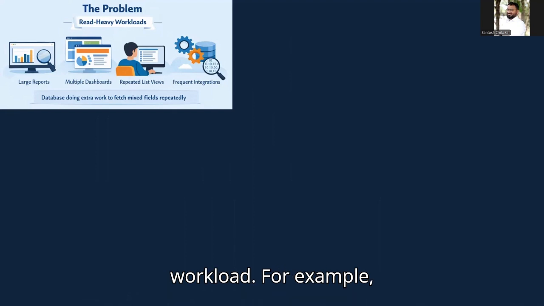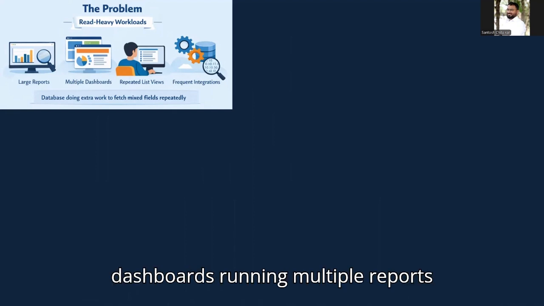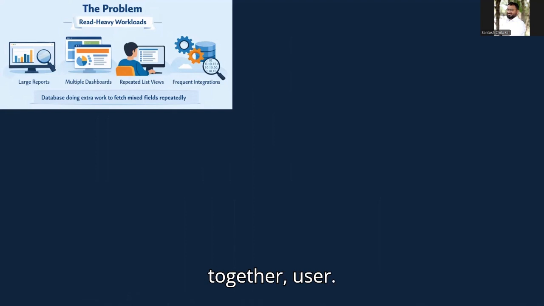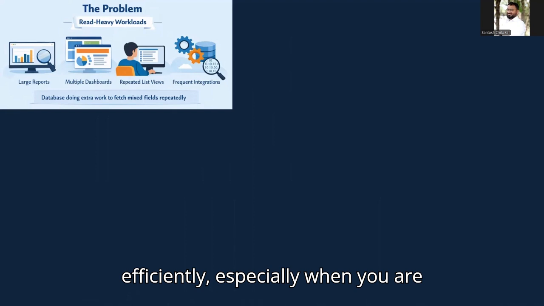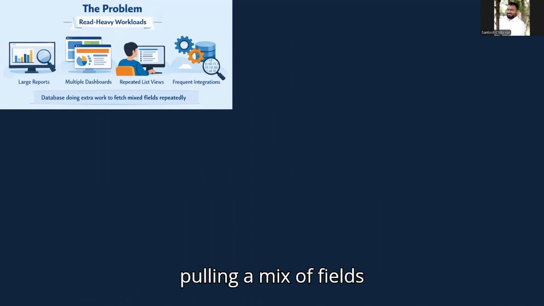For example, reports scanning a large data set of records, dashboards running multiple reports together, users opening list views repeatedly, integrations running frequent queries, the same query pattern repeated thousands of times. And in some cases, the database has to do extra work to fetch your data efficiently, especially when you are pulling a mix of fields repeatedly.